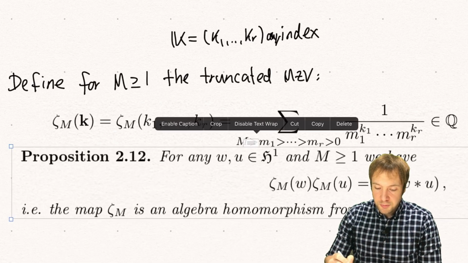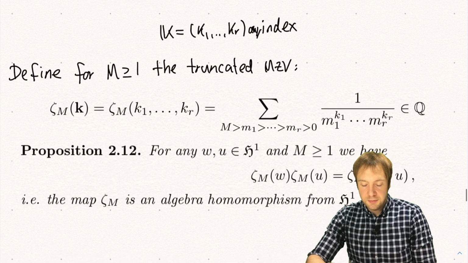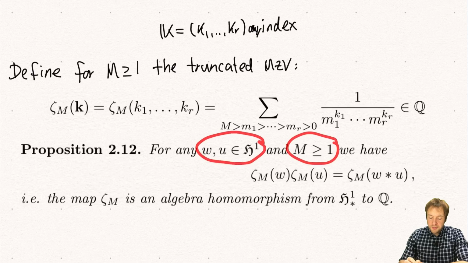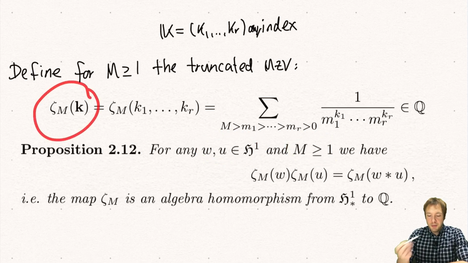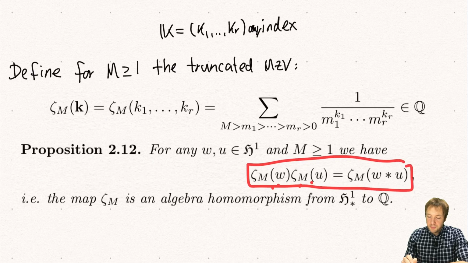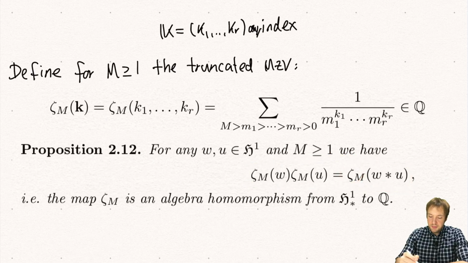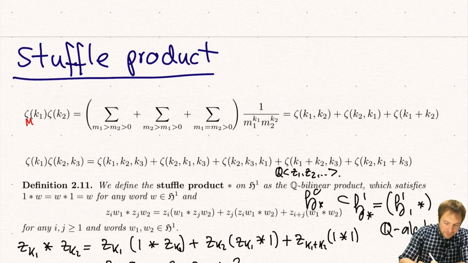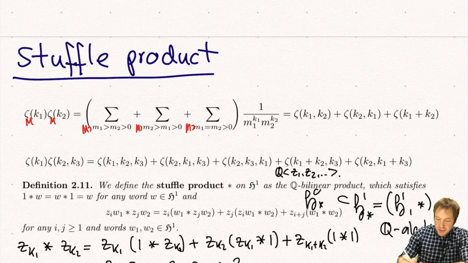And the statement we want to show now is that this satisfies the following. For all M's and all words in H1, where we again view this as a map from H1 to the rational numbers, the product of two of them equals the zeta_M of the stuffle of these two words. So if you go back here, you see that if I would replace these zetas by zeta_M, then this argument wouldn't really change anything.